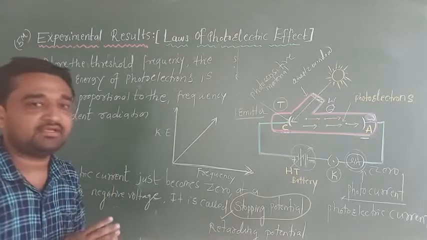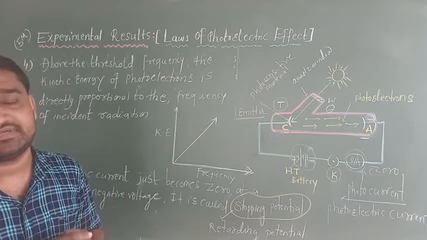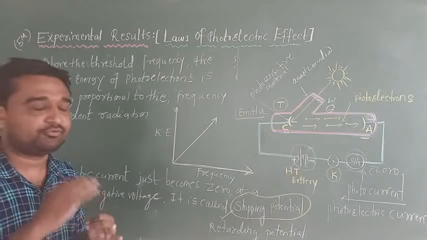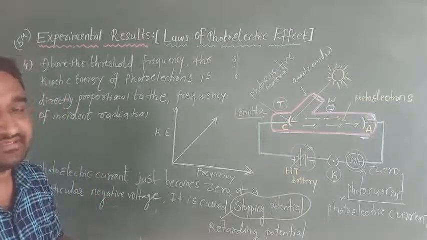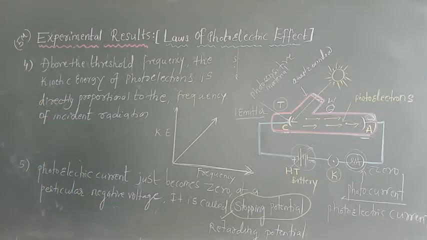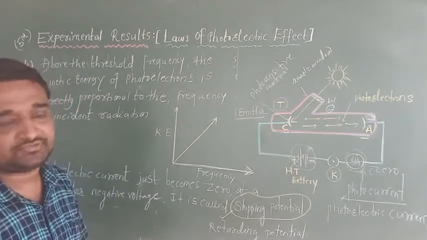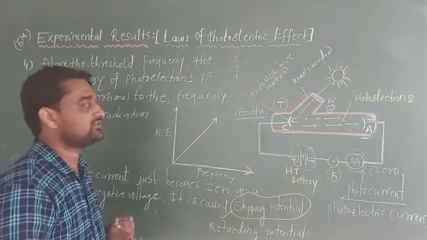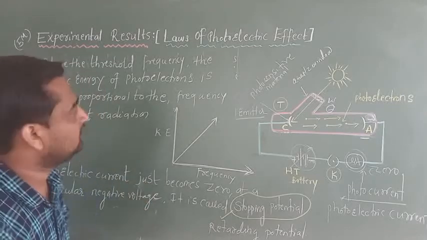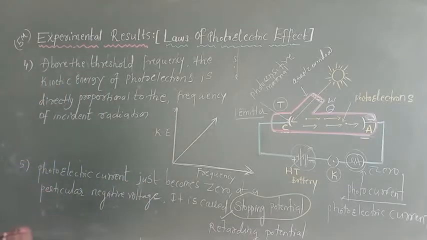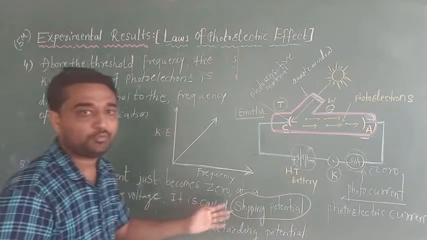The third, the photoelectric current is directly proportional to the intensity of incident radiation. The next one is related to the kinetic energy of photoelectrons: it is directly proportional to the frequency of incident radiation. And finally it is related to the stopping potential.